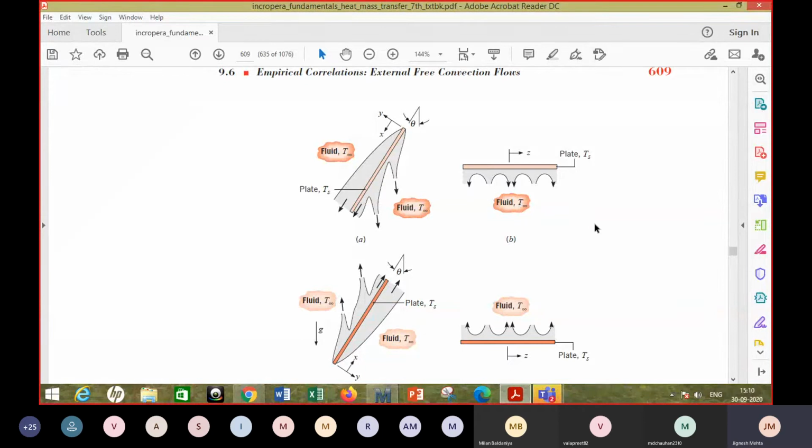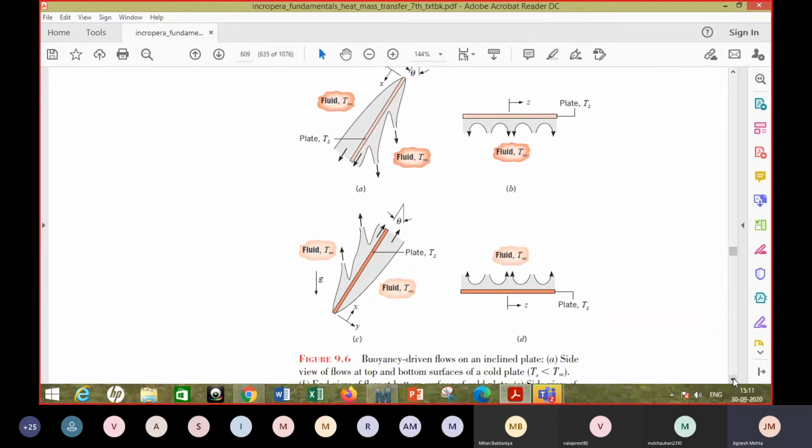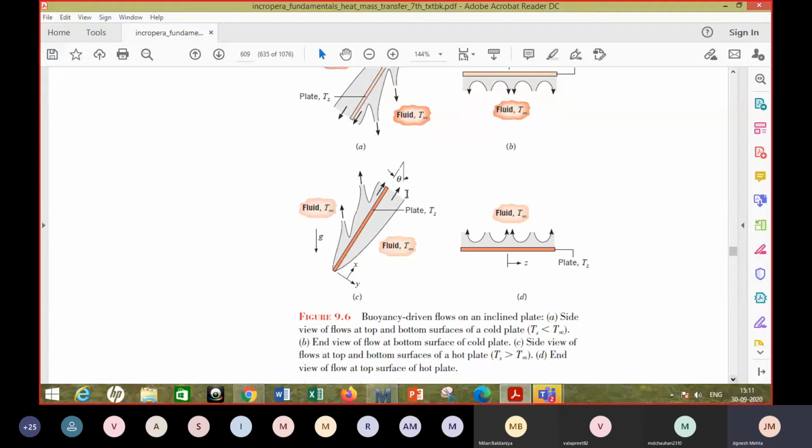So this is the type of pattern that you may find. Then if it is a hot inclined plate, and the bottom surface is hot, then this is what you might expect, right?